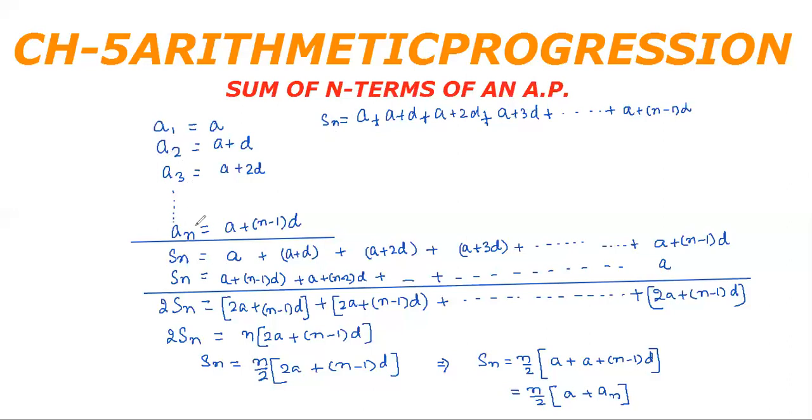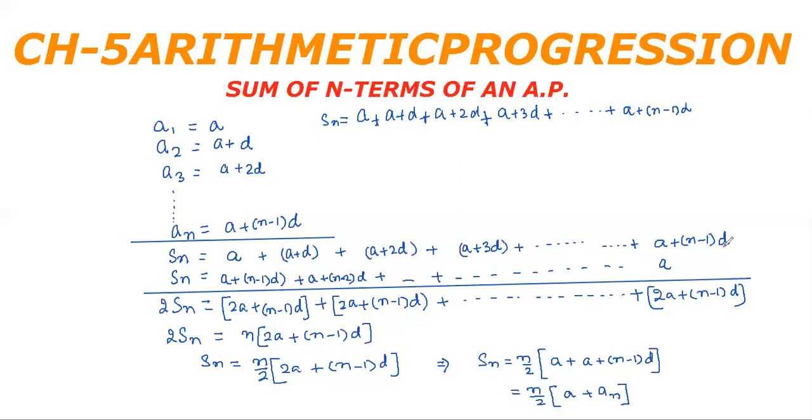So the sum of all the terms is equal to a plus (a plus d) plus (a plus 2d) plus (a plus 3d) and so on till the last term, that is a plus (n minus 1)d. To find the formula for the sum of n terms, adding this way is really difficult. You will keep on adding and adding, and it will be a very time-consuming process.